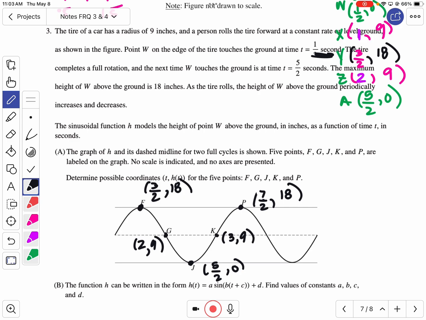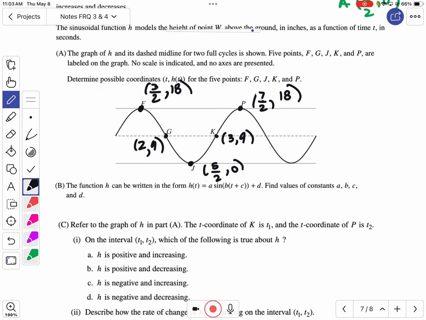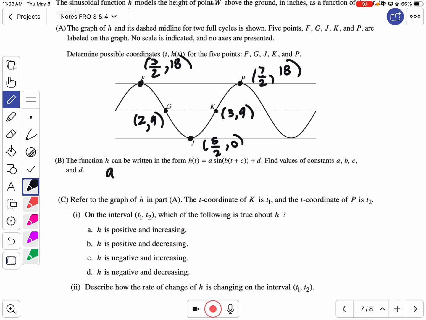Now, let's write the equation. All right, let's get the equation. All right, the A and the D are going to go together. The B and the C are going to go together. Looking at it, how far is it, A is amplitude, from the middle to the top? 9.